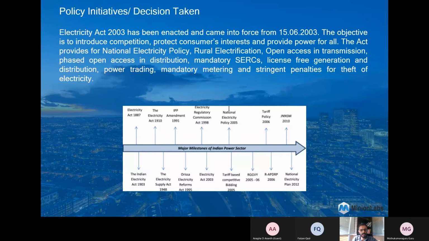The objective is to introduce competition, protect consumers' interest, and provide power for all. The Act provides for a national electricity policy, rural electrification, license-free generation and distribution, power trading, mandatory metering, and penalties for theft of electricity.